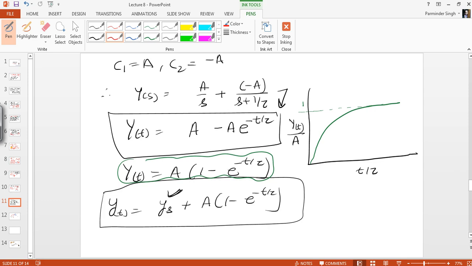Initially you will notice that the thermometer will quickly move up in the capillary, and as it starts to reach the surrounding temperature, the increase of the mercury in the capillary slows down, and slowly it reaches the maximum value, that is 70 degree.